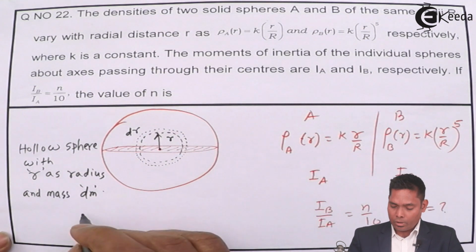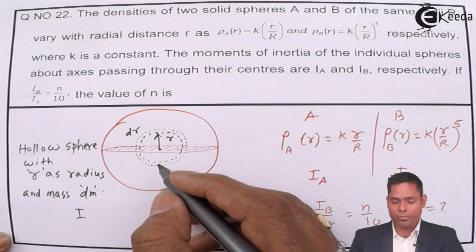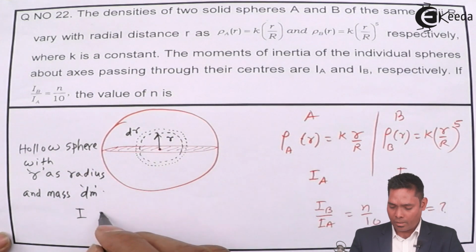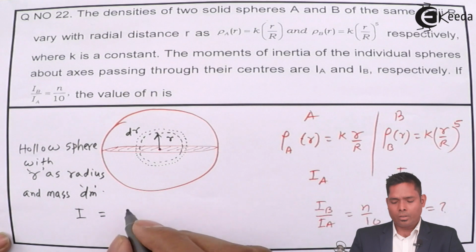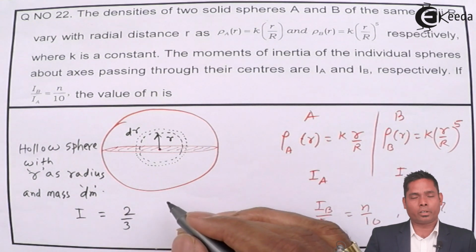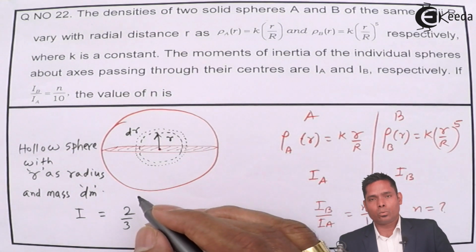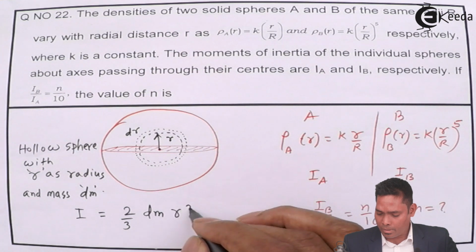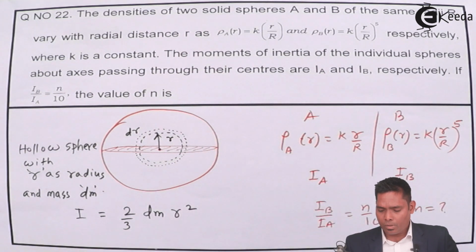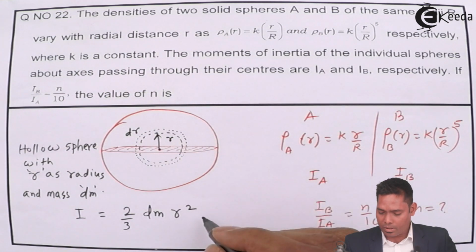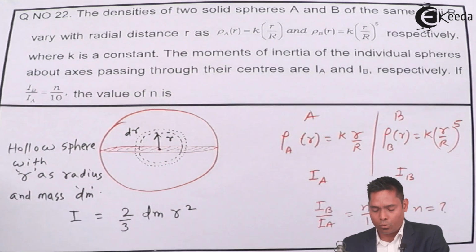Then the moment of inertia of this sphere, suppose I'm finding for sphere A, will be 2/3 dm r square, because we know that for a hollow sphere it is 2 by 3 M r square. Here M is dm and the radius is r. But because of the variable density, the mass can be expressed as density into volume.